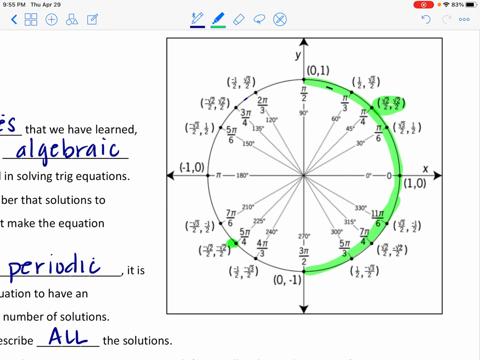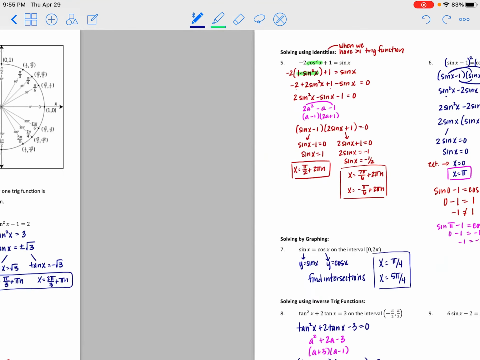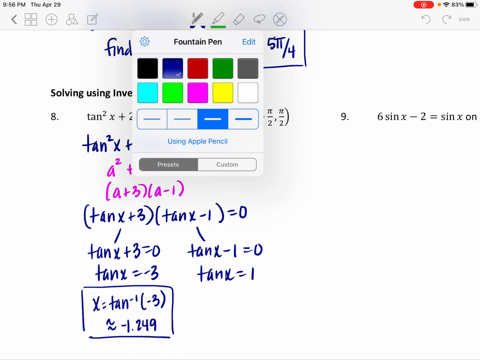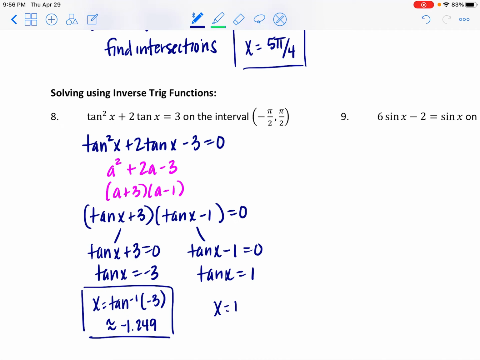So I don't want to actually go that far. So in that window, the only place where our tangent is equal to positive 1 is pi over 4. So that's going to be the only solution for that one. Now let me go back and say here that x is going to equal pi over 4. So we have two distinct solutions for this guy.